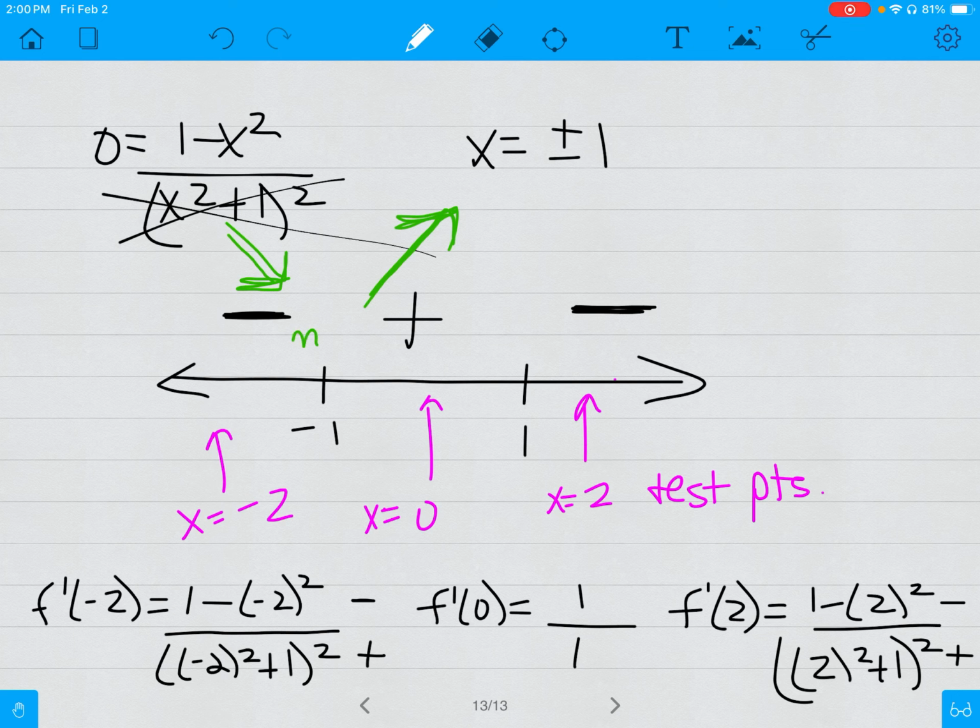It's a minimum, right? If I'm going from negative to positive. Similarly, with the value of positive 1, the critical value there, to the left of positive 1, I had a positive derivative. To the right of positive 1, I had a negative derivative. What is that? That's a max.